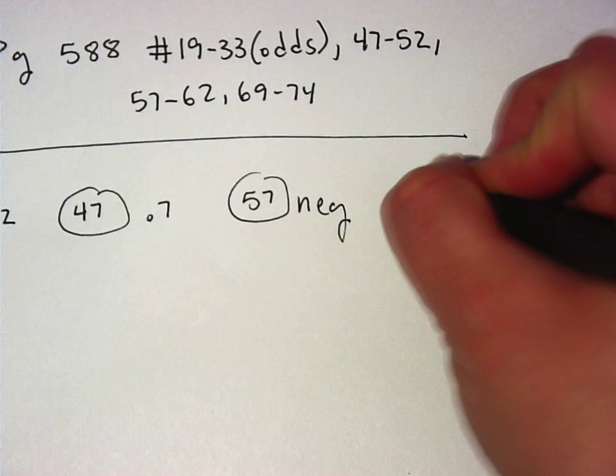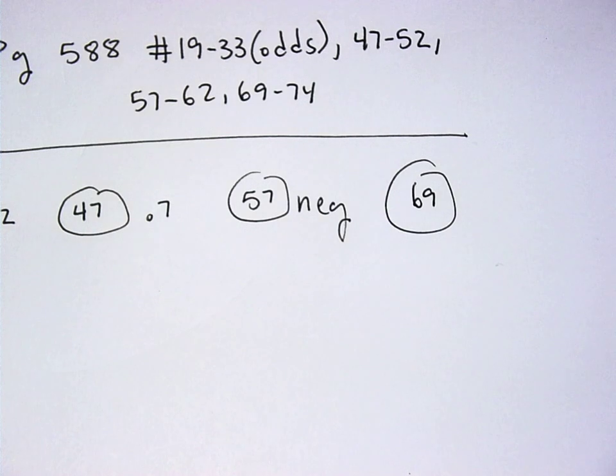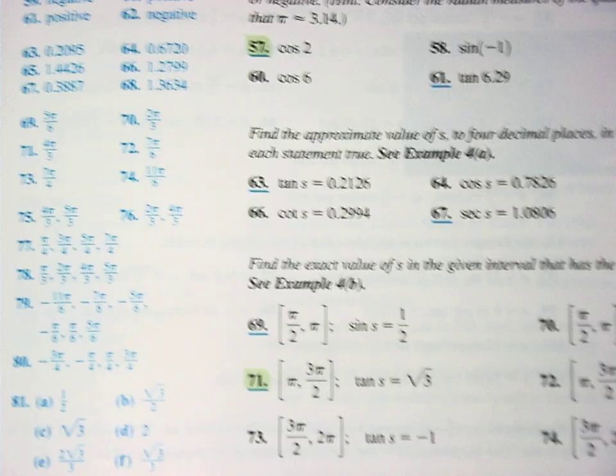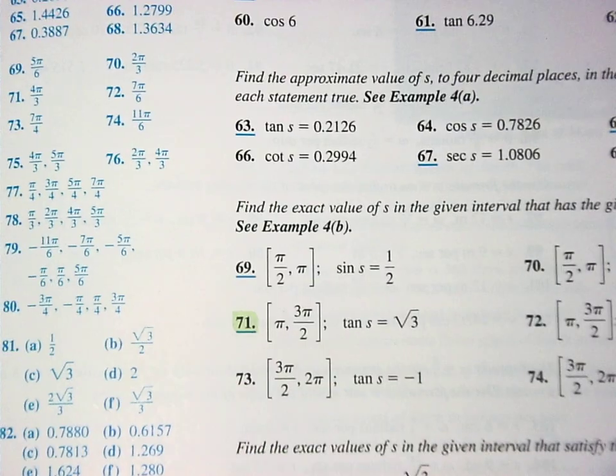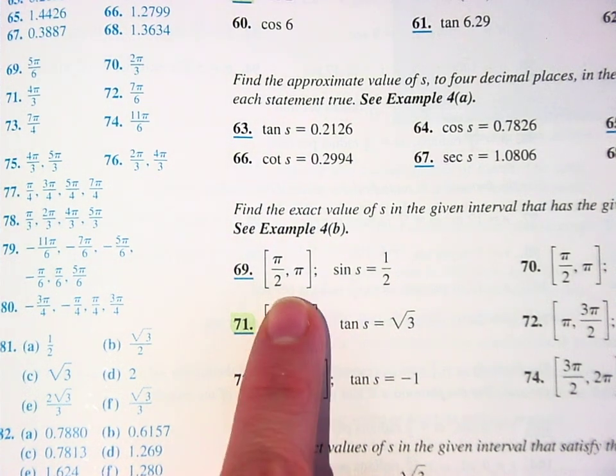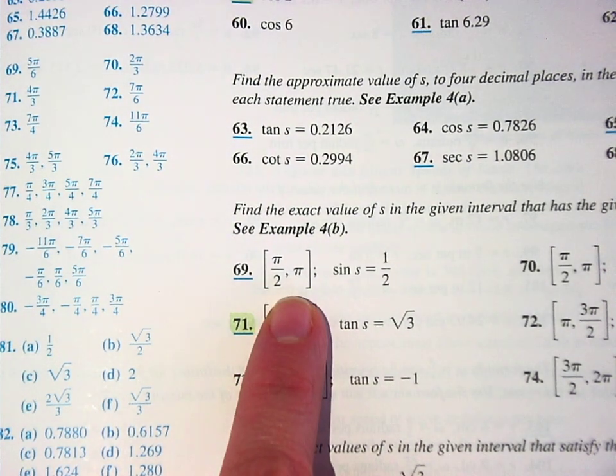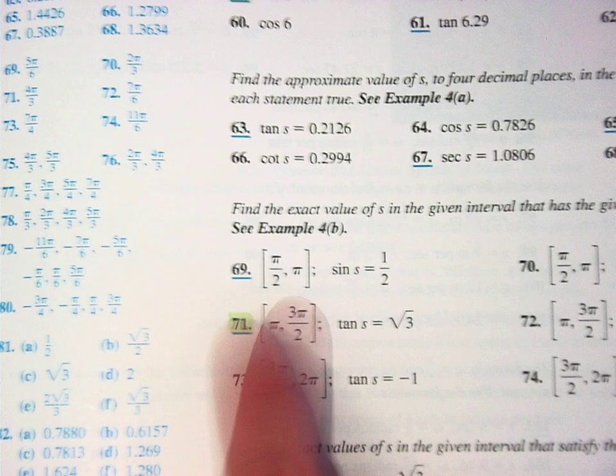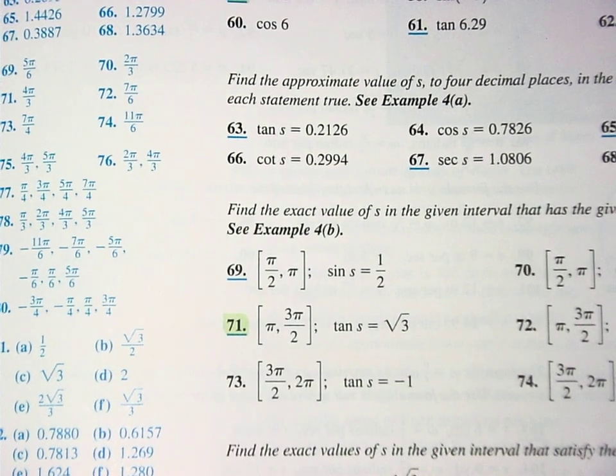69. 69 says this. Look up. Don't talk over me. 69 says, do you guys remember when we were writing the answers to like inequalities and we'd use brackets for including and parentheses when it didn't include it? Do you remember that? Yeah.